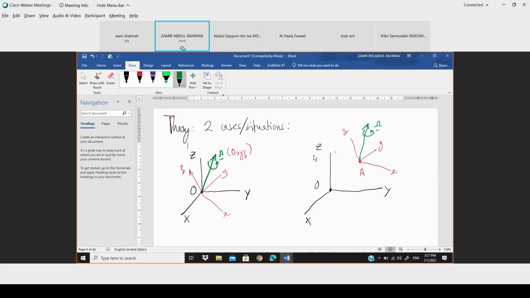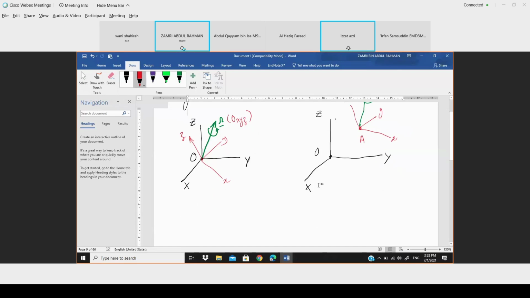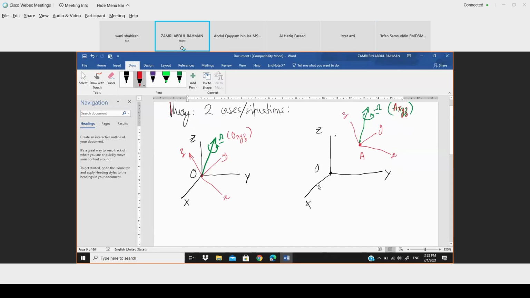So, that omega is the omega of the moving coordinates, A, X, Y, Z. Right. This situation can be illustrated easily.